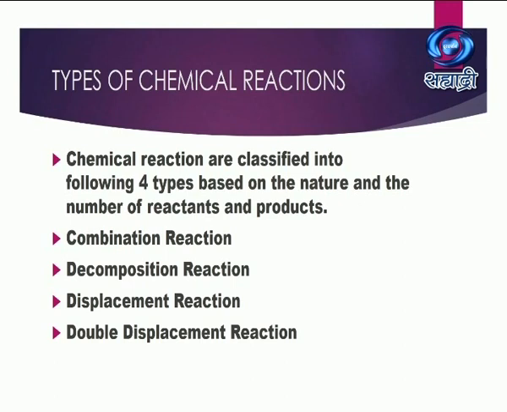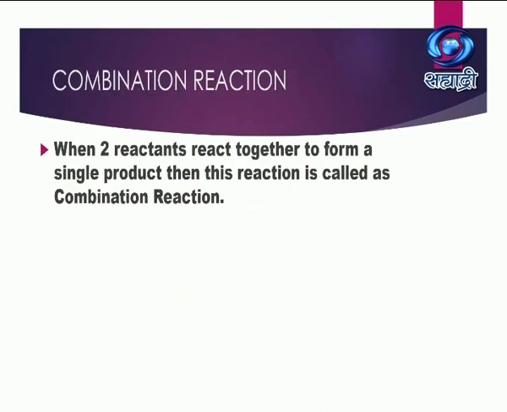Chemical reactions are classified into 4 types based on nature and the number of reactants and products. So those 4 types are combination reaction, decomposition reaction, displacement reaction, and last, double displacement reaction. We are going to study in detail about all these 4 types of chemical reactions.